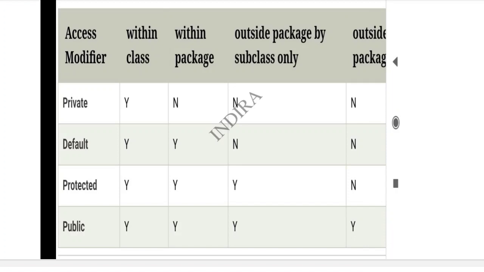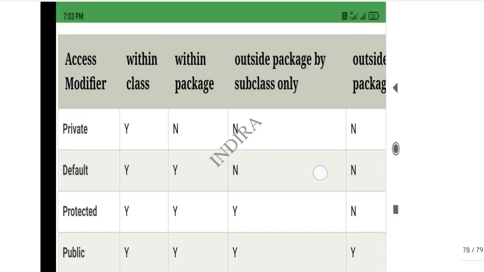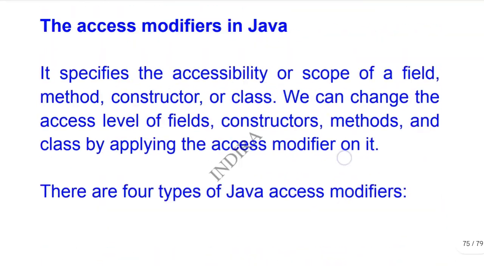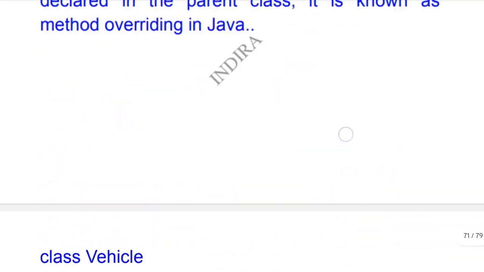Control statements consist of three types: decision making, looping, branching. Decision making has three types: if, else, switch. According to the syllabus, these three are important. Whereas coming to loops: while, do while, for. And the third one, the branching statement, is also known as the jump statement. This jump statement consists of break, continue, return.